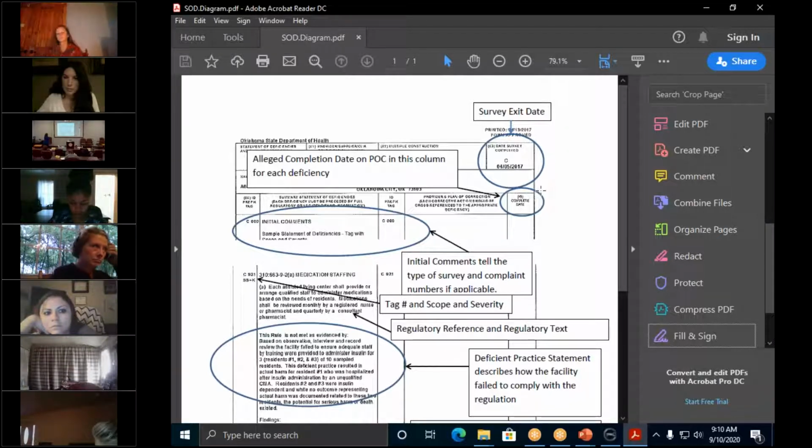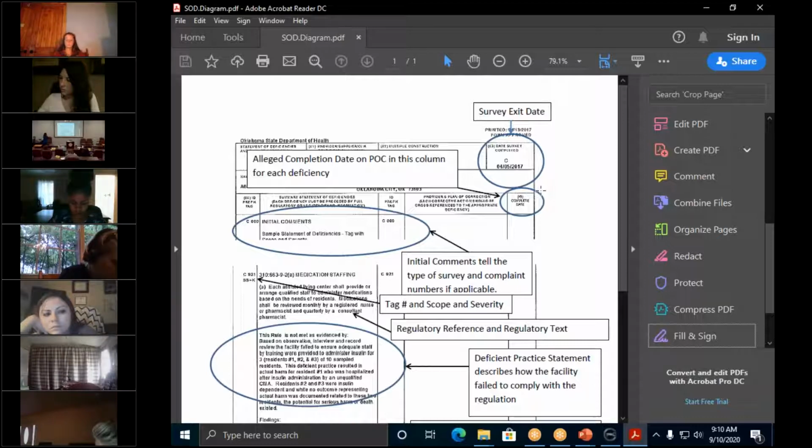Okay, the next circle down is the completion date. So this is where you're going to enter that date in the bar column for each deficiency also. That's important. Each deficiency should have a POC date, or a date of completion for your plan of correction, when you submit it.